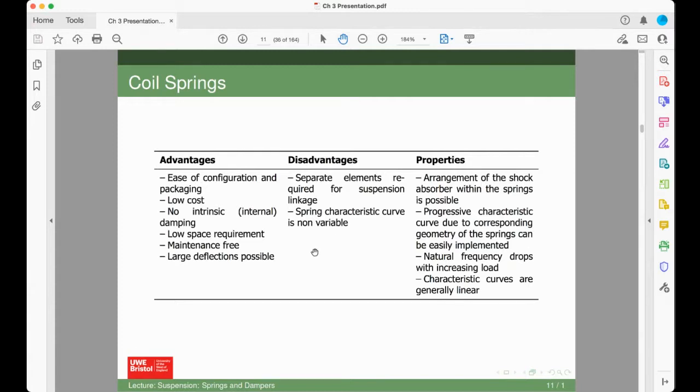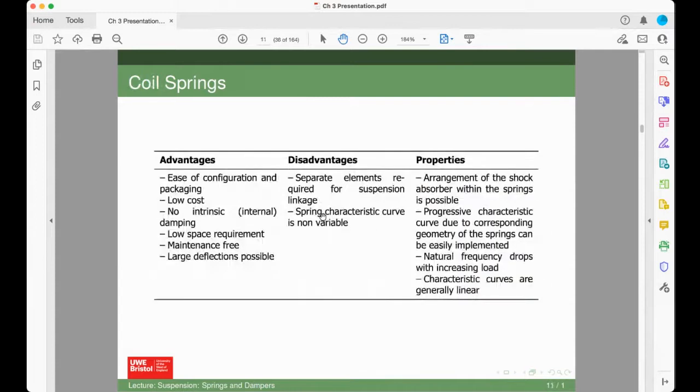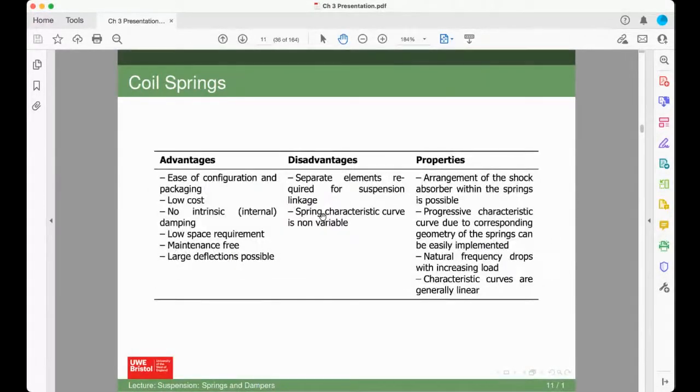You can get non-progressive springs, where F equals KX is a straight line, but you can design the spring such that it gives you rising rates. There are some examples in the notes, with pictures of different coil springs and how you can change the parameters of the spring to get rising rates.